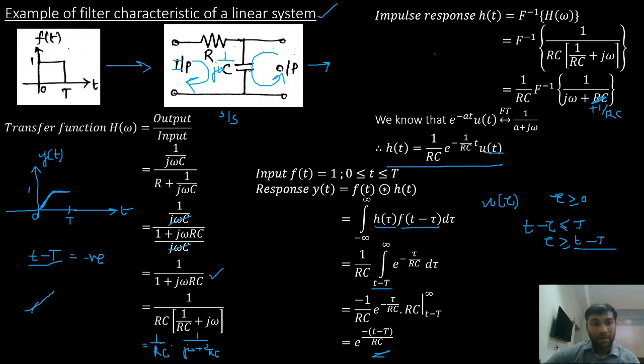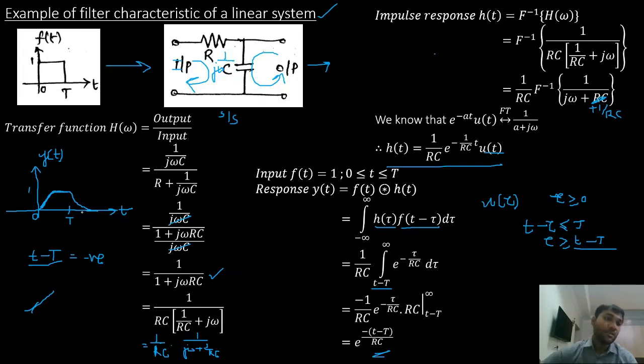And when small t is greater than capital T, then t minus capital T is a positive number. Positive into a negative sign, I have a negative number. So e power negative is a decaying exponential. So it slowly starts to decay.